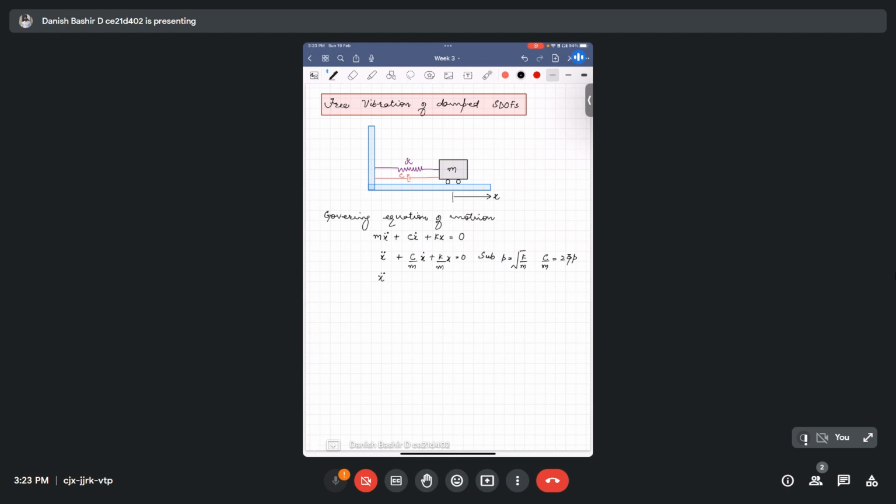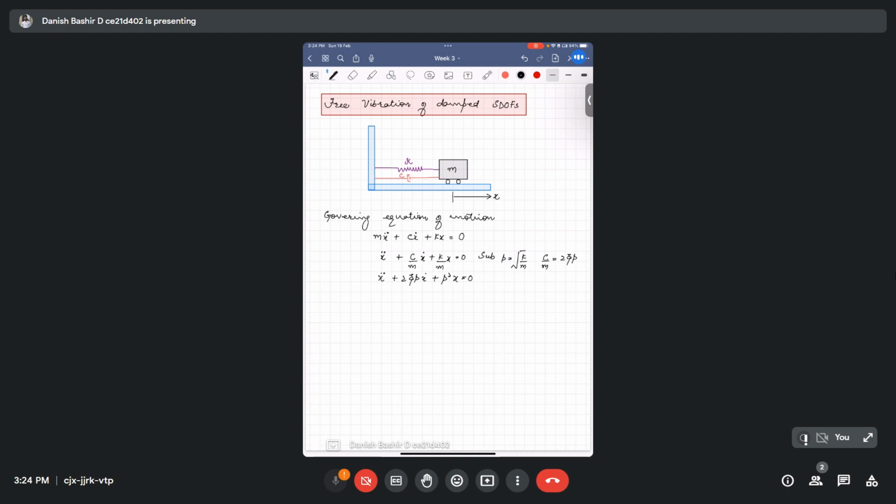I will tell you later on what the damping ratio is. So x double dot plus twice theta p x dot plus p square x is equal to 0.